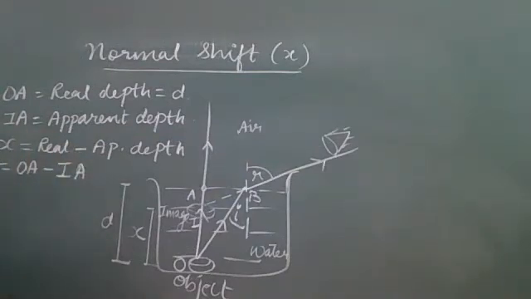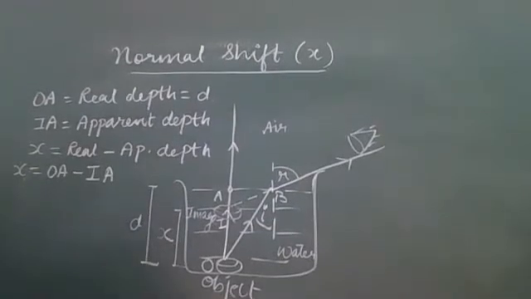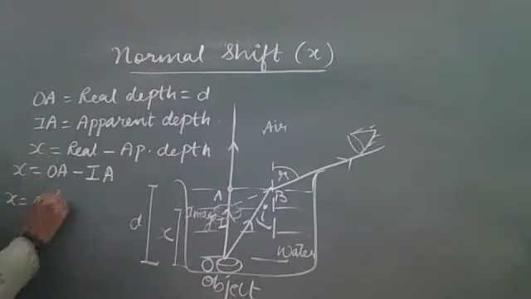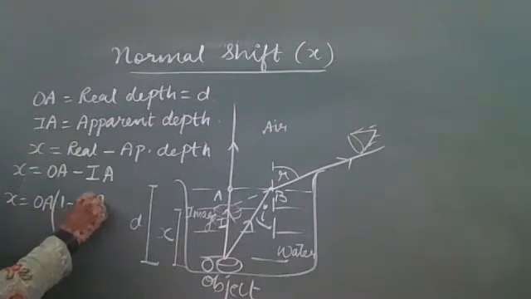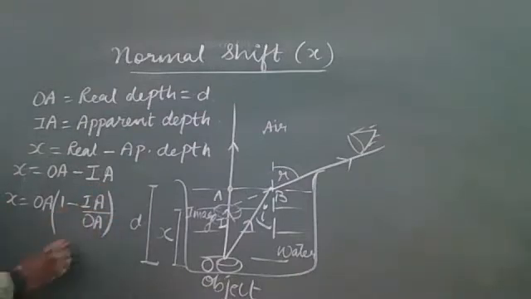So x is OA minus IA. Let us take OA common from here. We will get 1 minus IA upon OA. Say this is equation number 1.